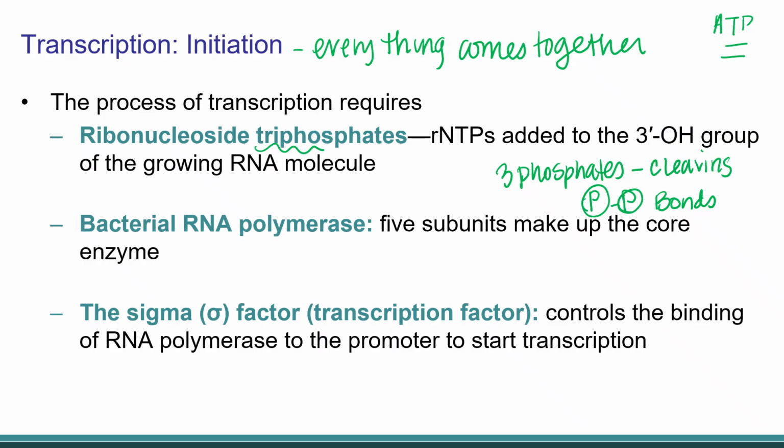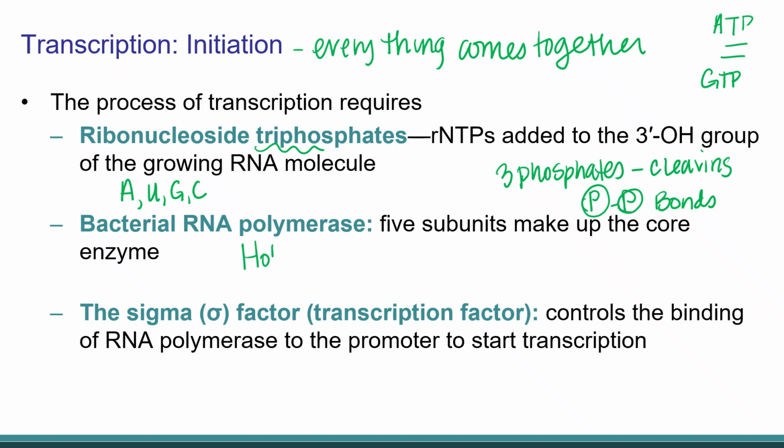We will also see another energy molecule called GTP, and this is going to be essentially the same thing. It is going to be a guanosine triphosphate, and it can also be used for energy. But for our transcription, we need ribonucleoside triphosphates. These are going to be adenine, uracil, guanine, and cytosine ribonucleotides.